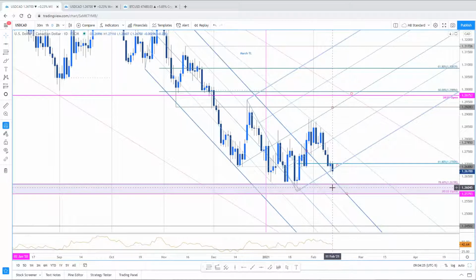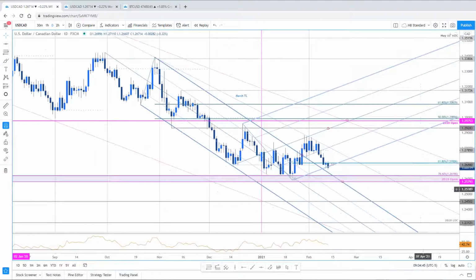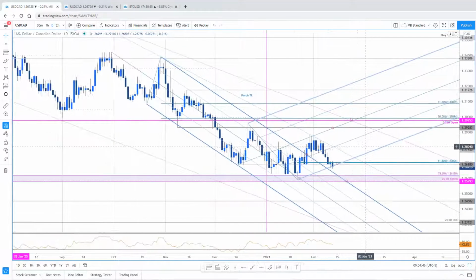Now, as it stands, one thing I will highlight is that we are poised, as things look now, to mark an outside daily reversal lower. Remember, when this happens at the lows, can oftentimes be an exhaustion pump. So I'm cautiously tracking this one like a hawk today.